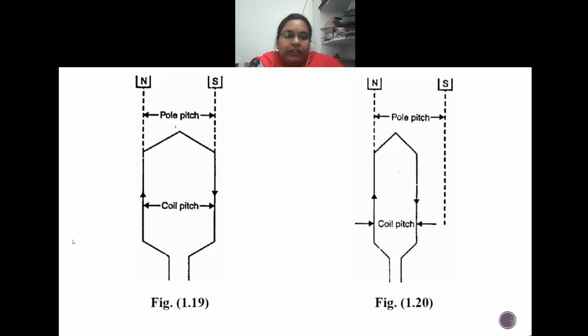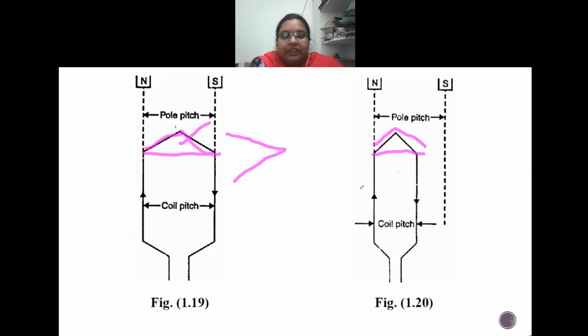Now, if you look at these two diagrams, the amount of metal required for this total connection is greater than the amount of metal required for this connection.